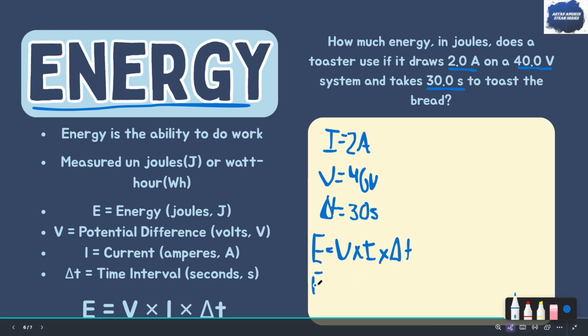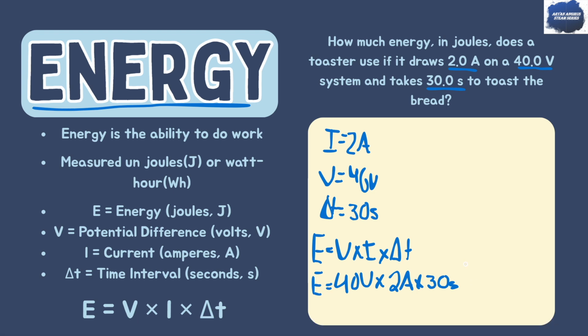So energy equals 40 volts times 2 amps times 30 seconds, which is equal to 2,400 joules.